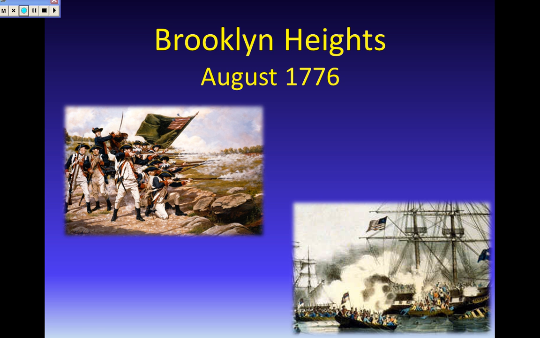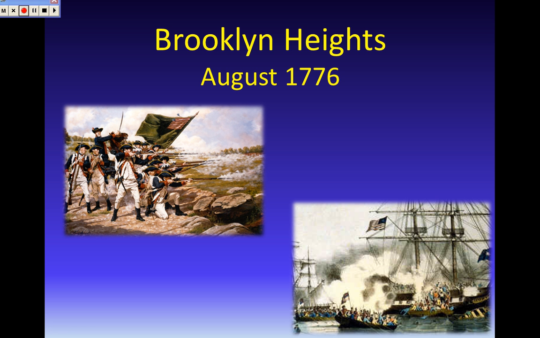Many of them are captured, brought back to terrible conditions on board British ships. A lot of the rest of them flee, a humiliating loss for the Americans. Things had been going so well, but now it's obvious that our army can't stand up very well to the powerful British army and their tactics.